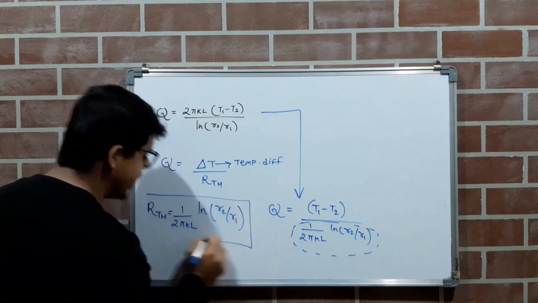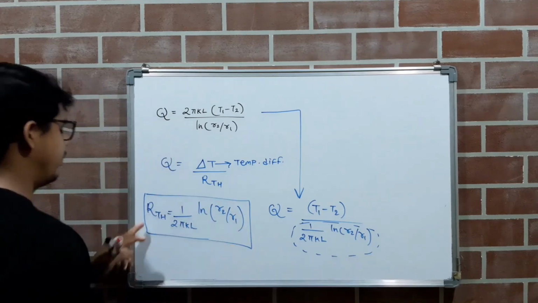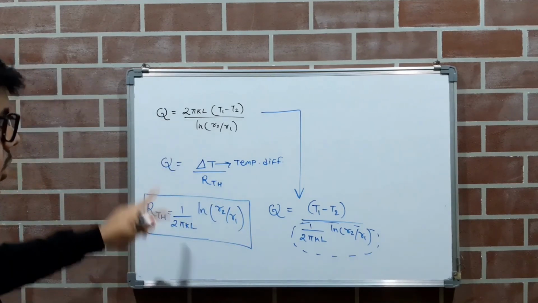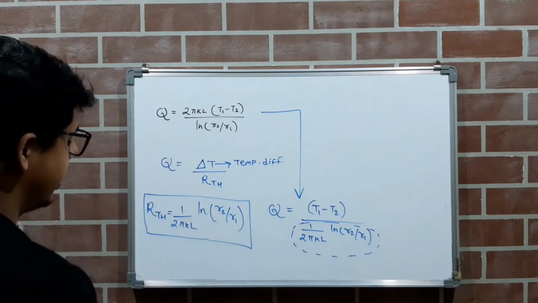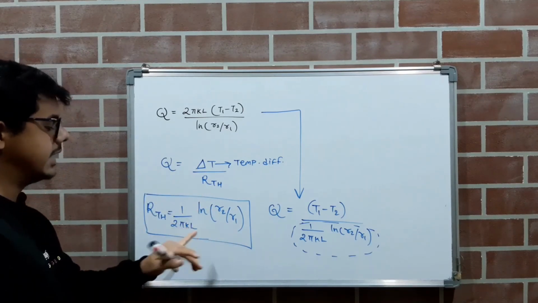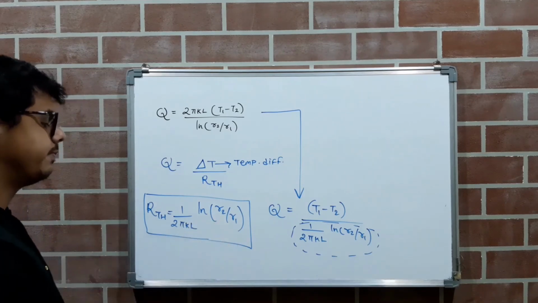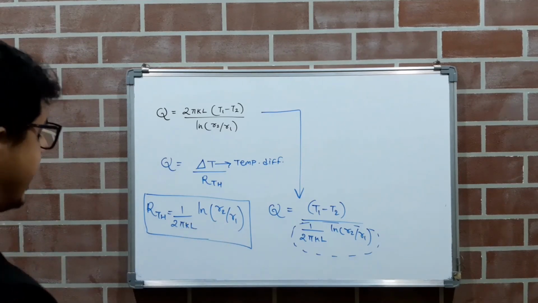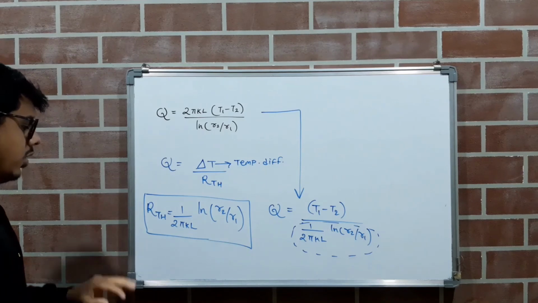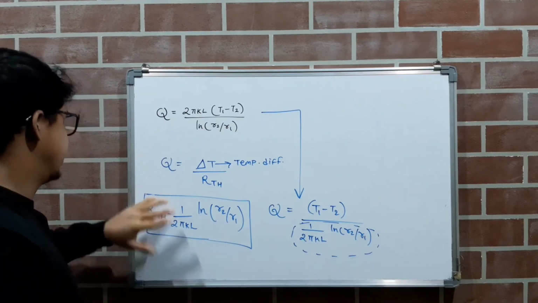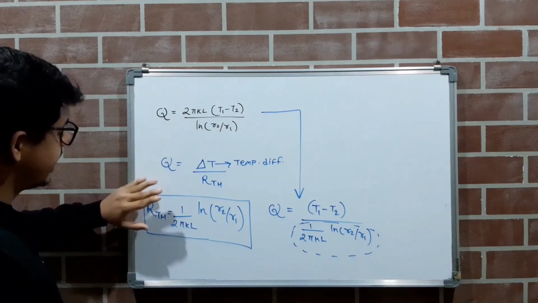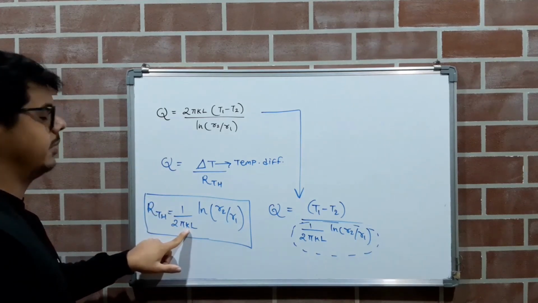So my friends, we are getting a very beautiful result: thermal resistance in case of hollow cylinder is 1 upon 2 pi KL into ln of R2 by R1, where K is the thermal conductivity, L is the length, and R2 and R1 are the extreme radii. This thermal resistance decreases with the increasing value of thermal conductivity.